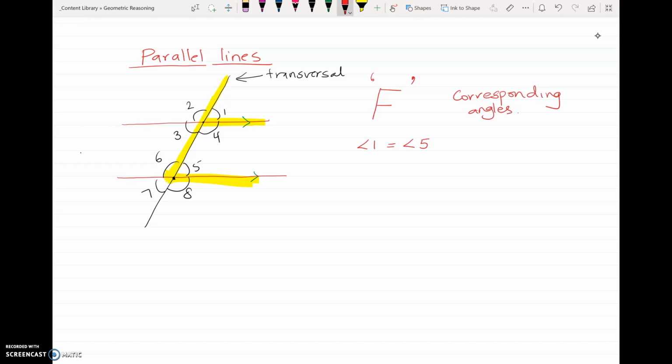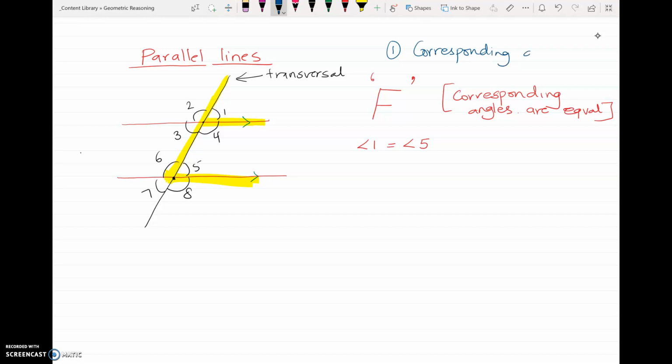And the property here for parallel lines is that the corresponding angles are always equal. That's why I wrote angle 1 equals angle 5. So corresponding angles are equal in parallel lines. So this is our first property. So let me write on the top. So the first property is corresponding angles.